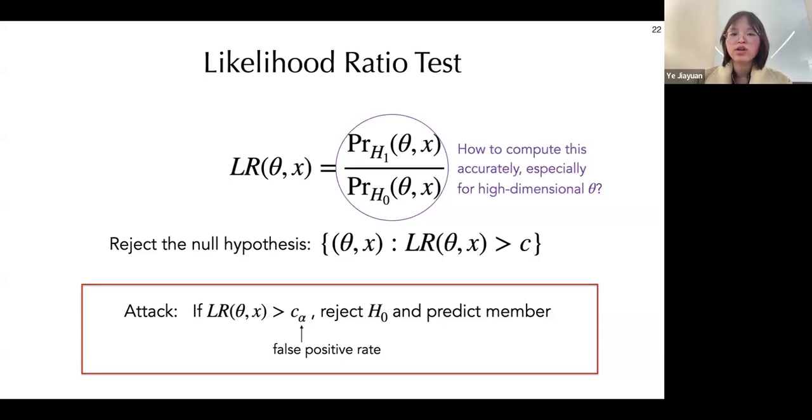Okay, so now the question for designing the attack really boils down to how could we compute this likelihood ratio? This joint probability, you can write it down. It's explicitly expressible in the formal hypothesis testing formulation.